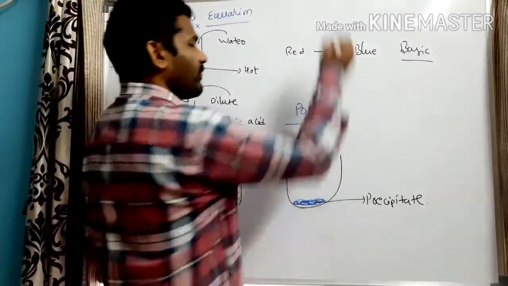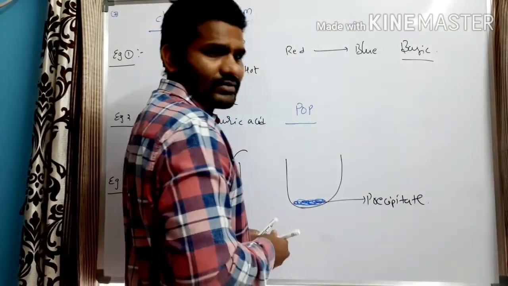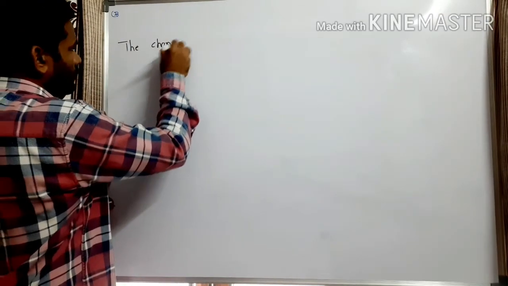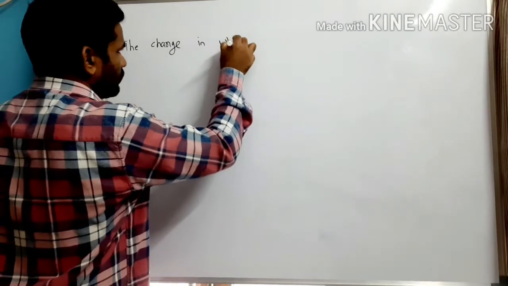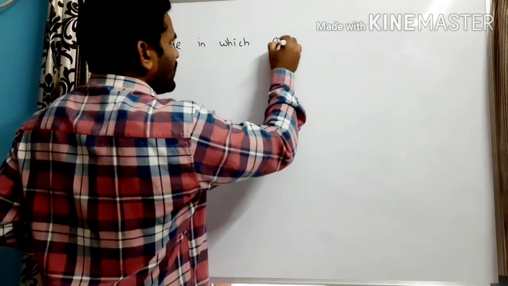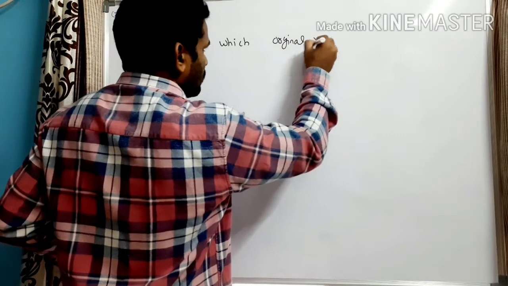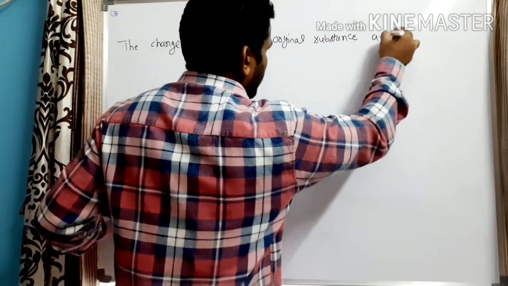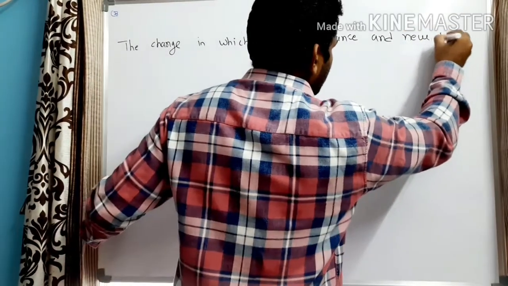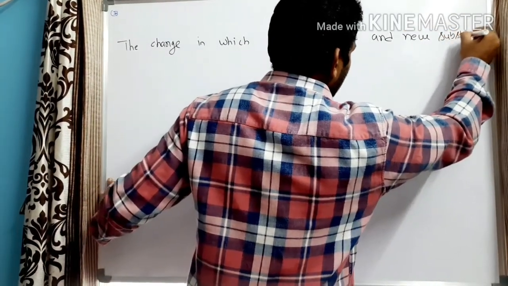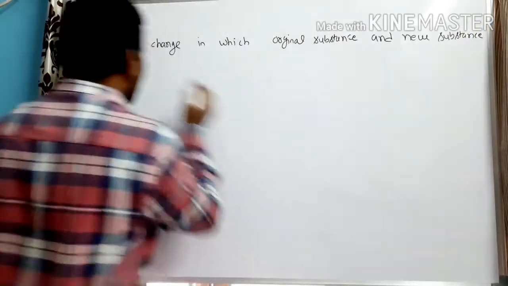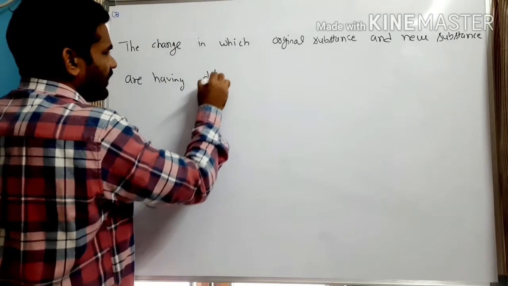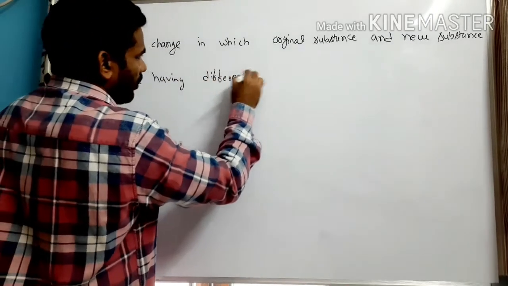So we can define a chemical change as the change in which original substance and new substance are having different properties.